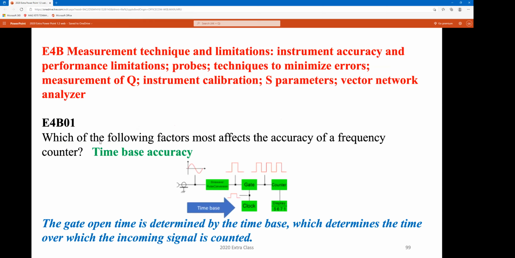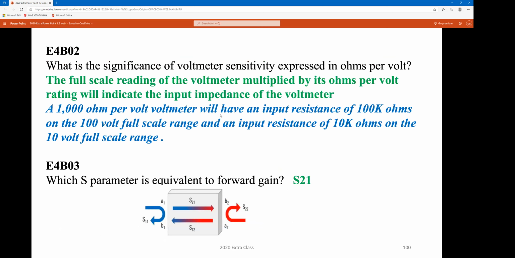All right, section B. Which of the following factors most affects the accuracy of a frequency counter? And it's time-based accuracy. Just like in PC circuits, I guess everything is geared off the clock, timing-wise. What is the significance of voltmeter sensitivity expressed in ohms per volt?